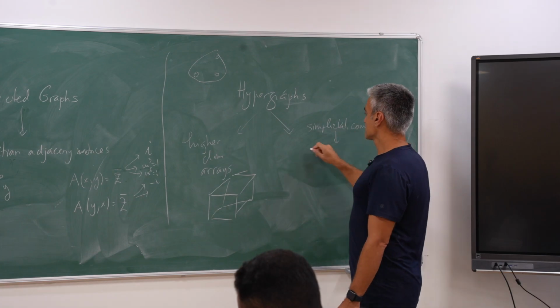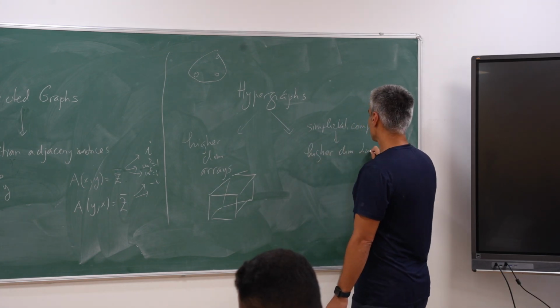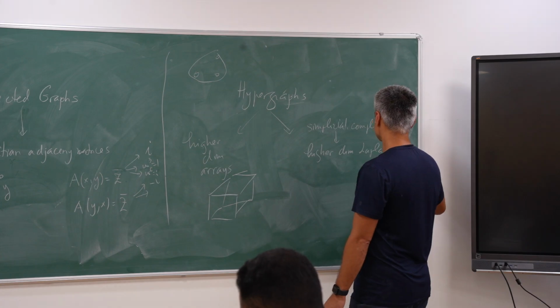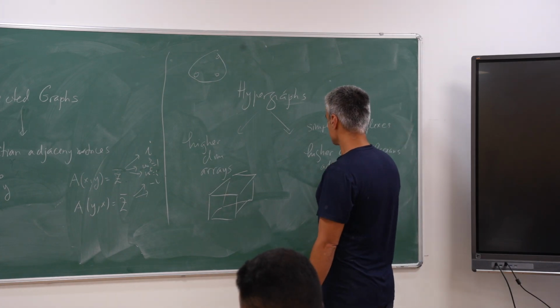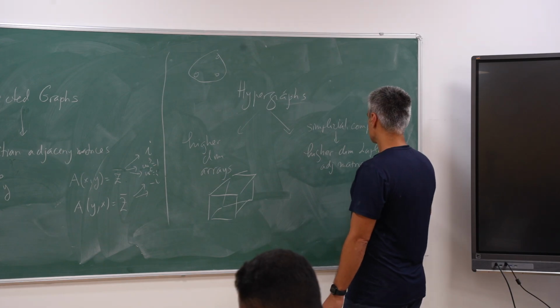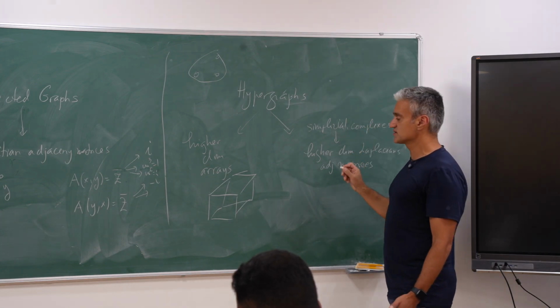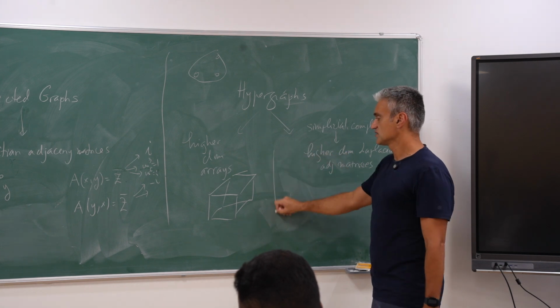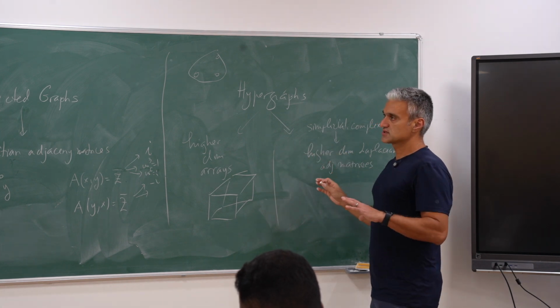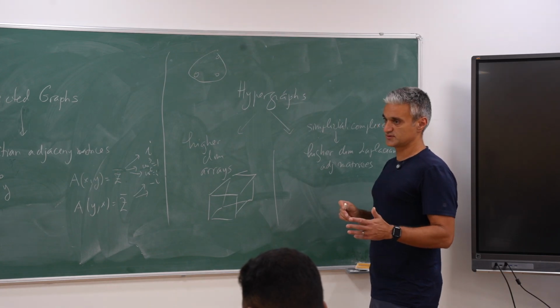And look at higher dimensional Laplacians and adjacency matrices. Let's say you have a 3-uniform hypergraph. Here you can follow the work just by keeping in mind what happens for graphs.